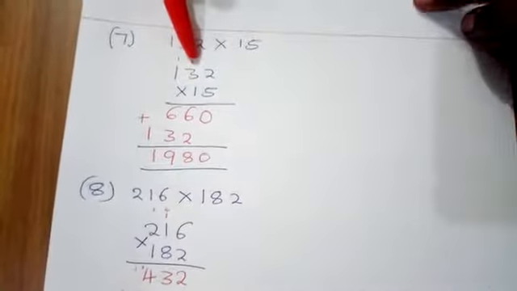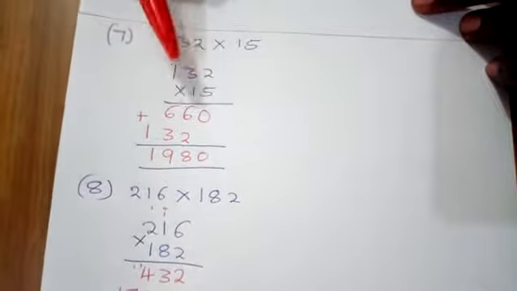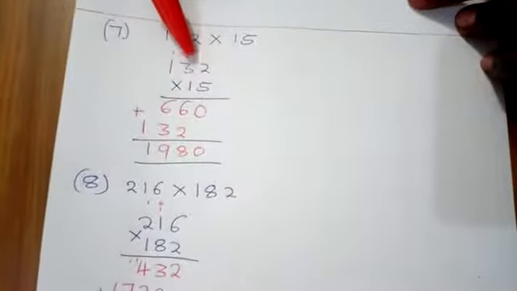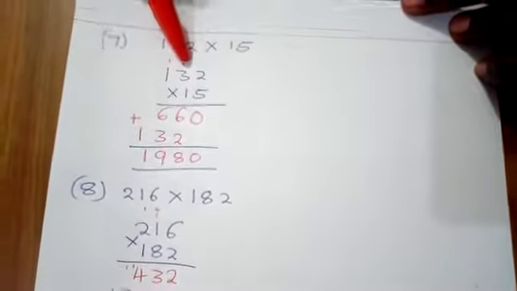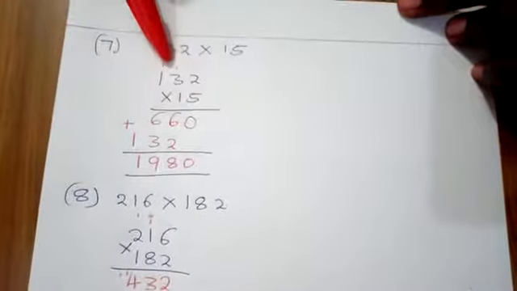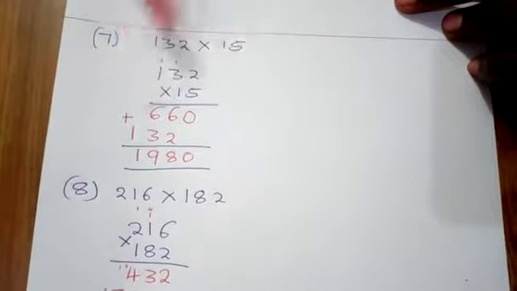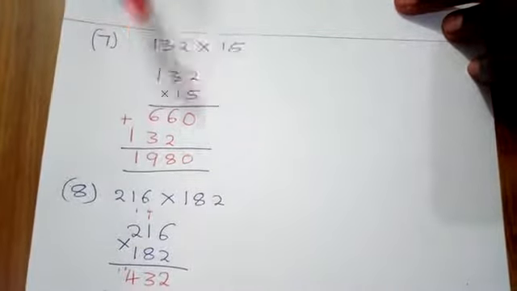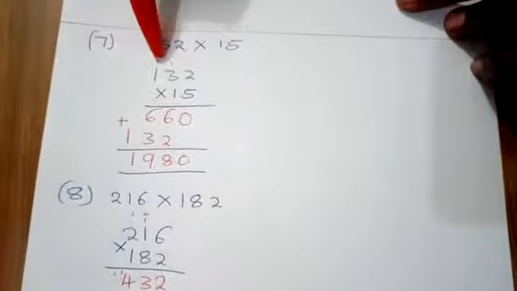We move to our next group of multiplication, that is 3 times 5, which is 15. 15 plus the 1 that was carried forward, we get 16. So we write 6. We carry 1. So our next group of multiplication is 1 times 5, which is 5 plus the 1 that was carried forward to make 6.